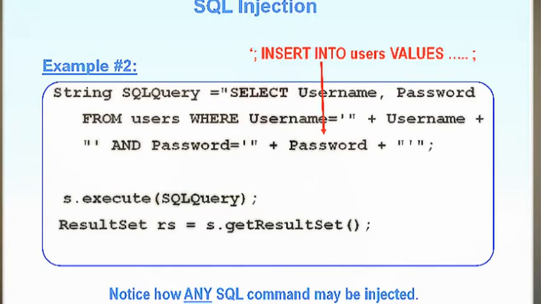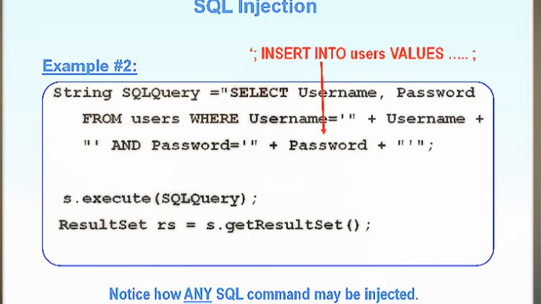Let's look at another example. Using the same SQL query as before, the attacker has started out with single quote semicolon, finishing the original SQL query. And now they've added something else: insert into users values. The attacker here is going to insert their own username and password into the users table so they can log into this website as a regular user whenever they want to.